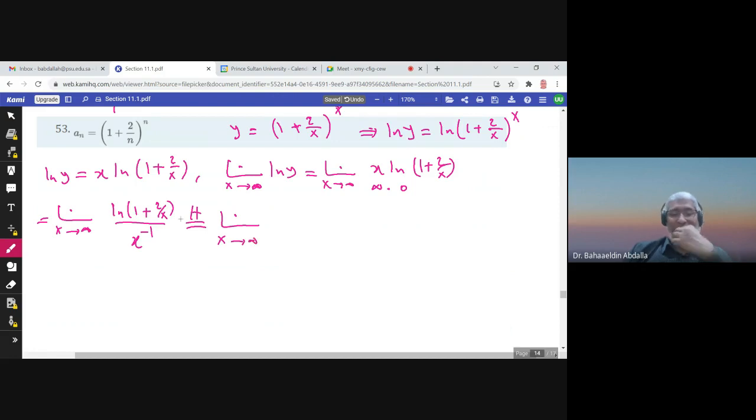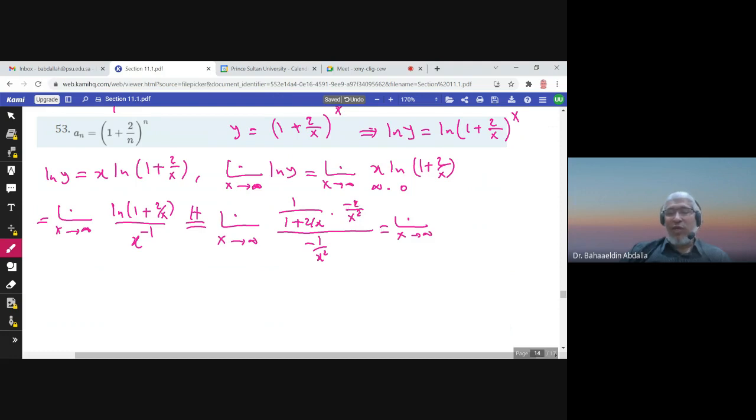Find the derivative of the numerator. The derivative of ln is 1 over (1 + 2/x) times the derivative of 2 over x, which is negative 2 over x squared, over the derivative of 1 over x, which is negative 1 over x squared.